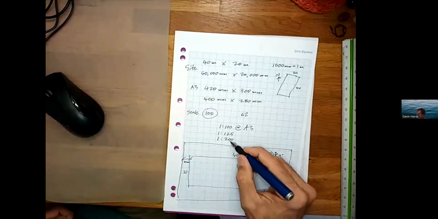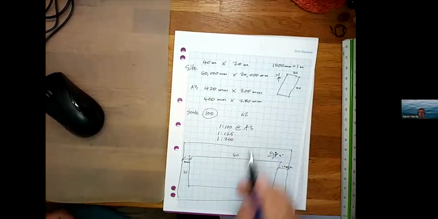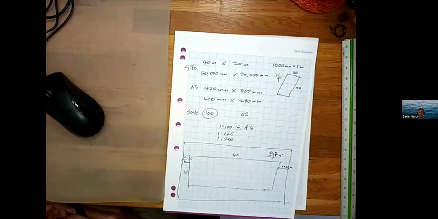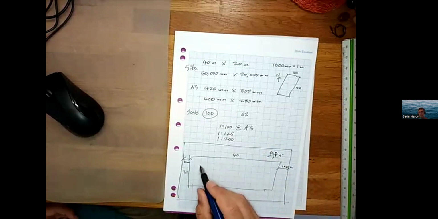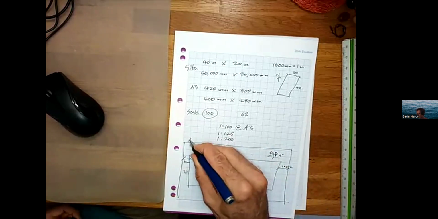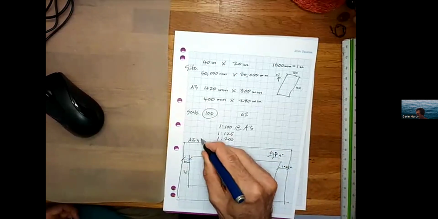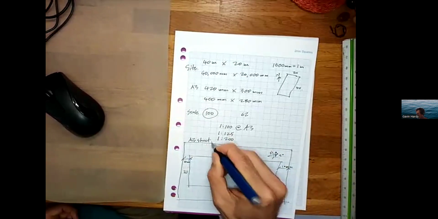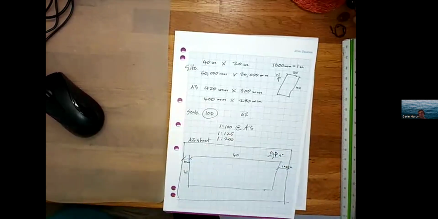Okay, 1:200 is half the size of 1:100. So that drawing would effectively be half the size on an A3 sheet. Okay, so that's how you would fit your site onto an A3 sheet.